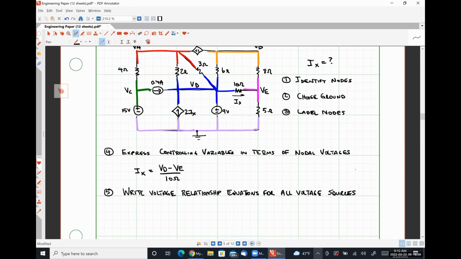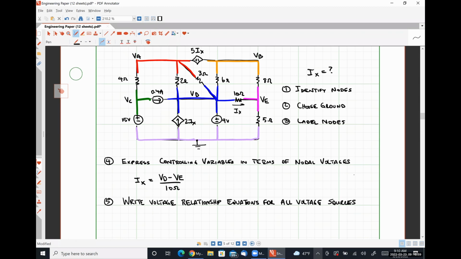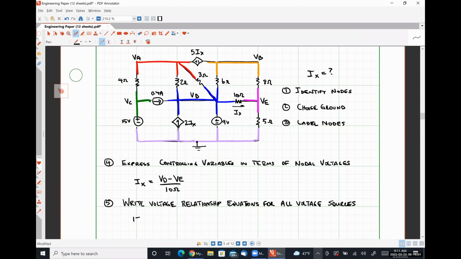So let's start with the 15-volt source. What's the nodal voltage associated with the positive polarity terminal? VC. What's the nodal voltage associated with the negative polarity terminal? Or 0. So from that, we can say VC is 15 volts. We have effectively eliminated an equation. That's why I chose ground to touch voltage sources.